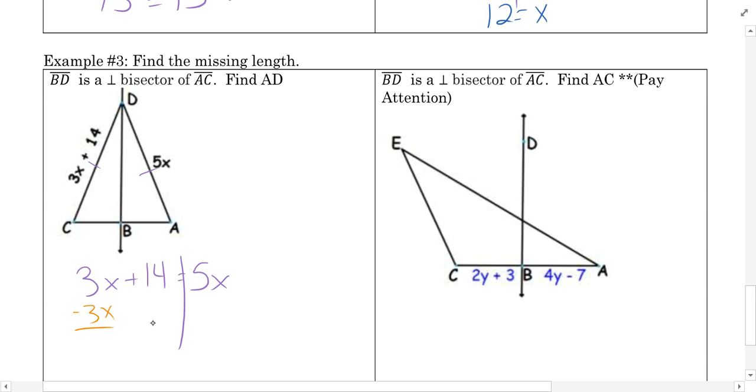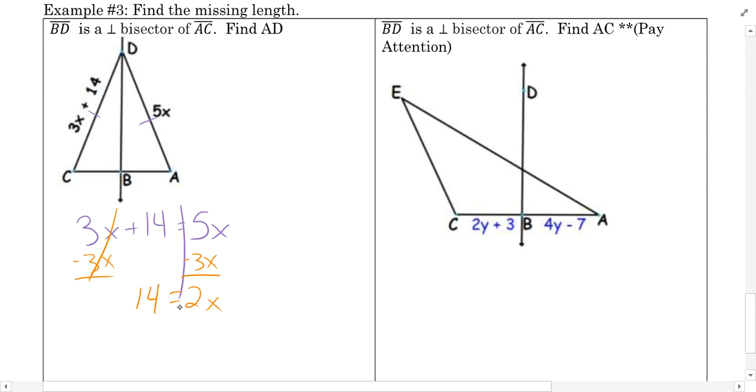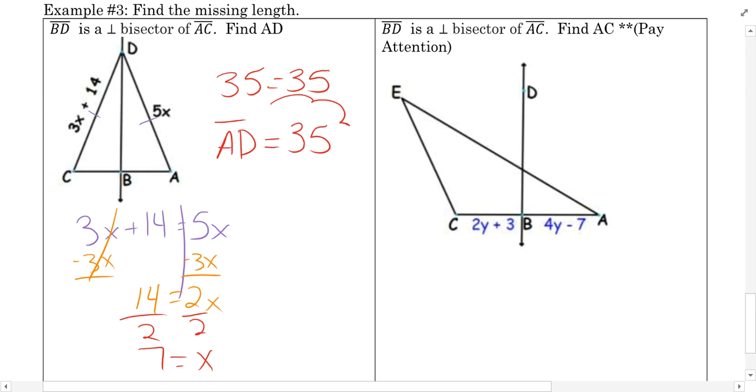If I subtract 3x from both sides, 14 equals 2x, which leaves me with x equals 7. If I plug that in, 3 times 7 is 21, plus 14 is 35, and 5 times 7 is also 35. So line segment AD is equal to 35.